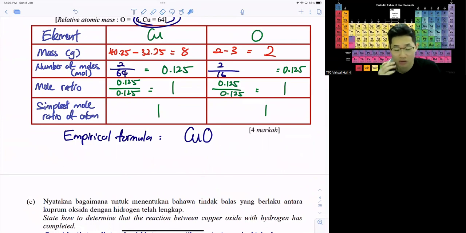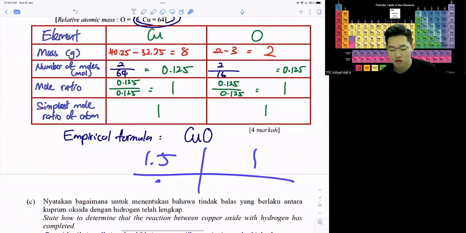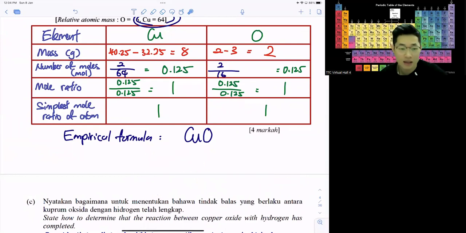So when you get 1.5, you times 2. Okay? For both sides, if it is 1.5 and 1, times 2, then it becomes 3 and 2, just like that. Okay, simplest ratio, 1:1. Empirical formula, CuO, just like that.